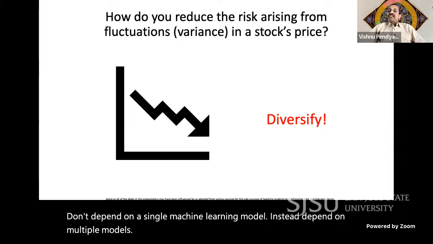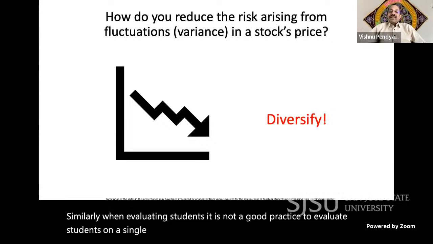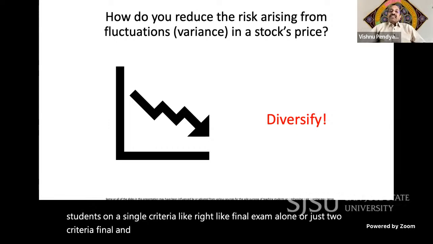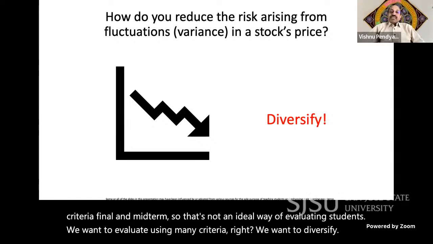Similarly, when evaluating students, it is not a good practice to evaluate students on a single criterion, like the final exam alone, or just two criteria, final and midterm. That's not an ideal way of evaluating students. We want to evaluate using many criteria, right? We want to diversify. So the keyword is diversify.